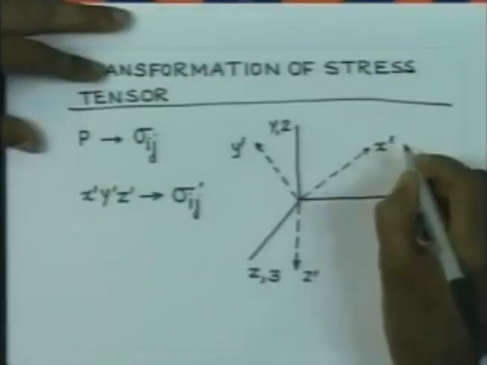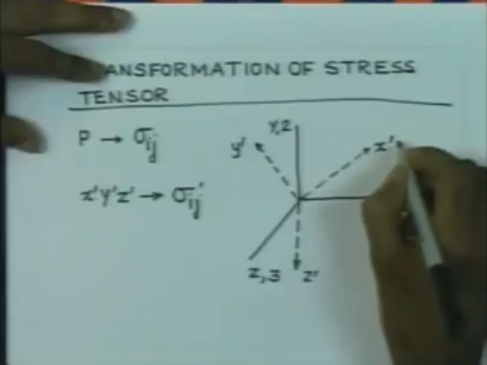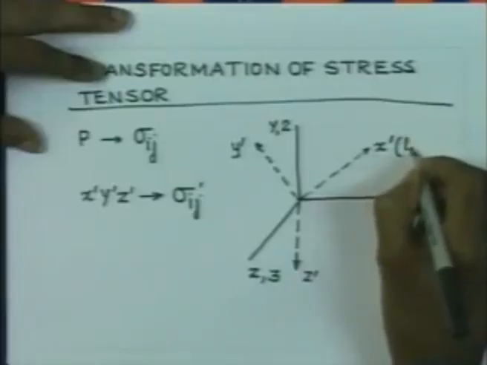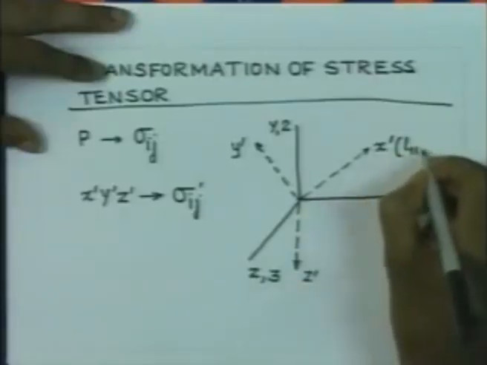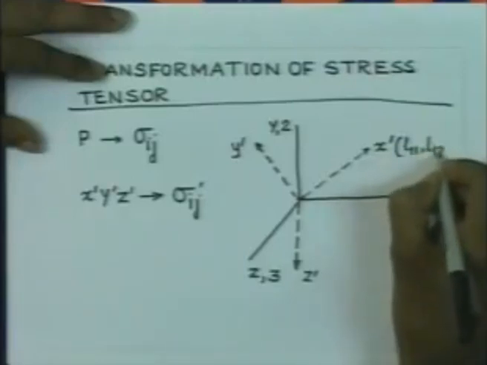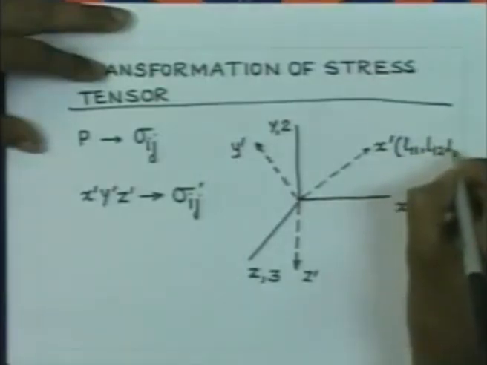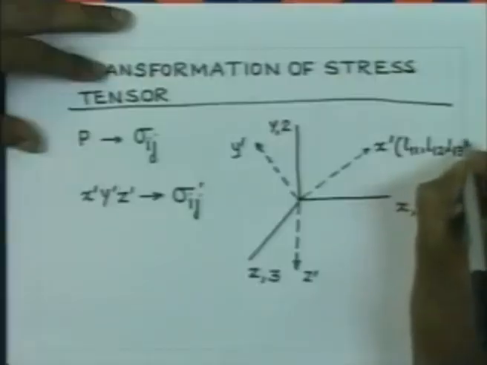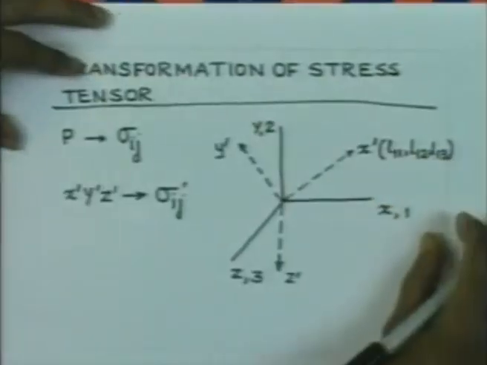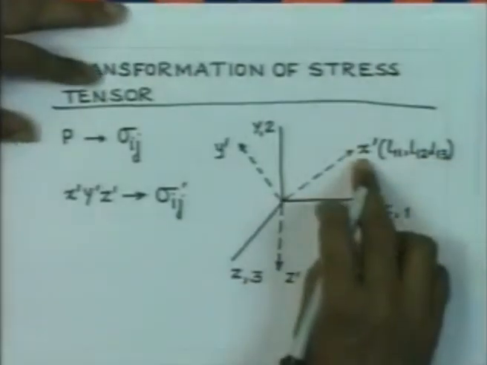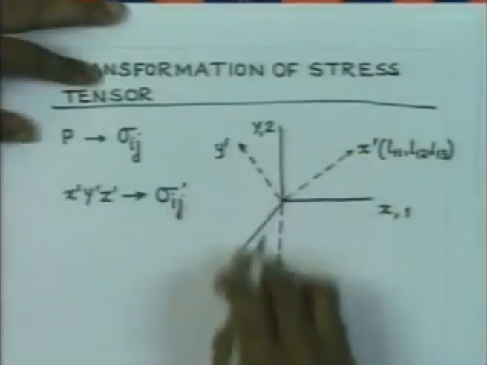Let us write that the direction cosines of the new set of axes, say this x dash, has direction cosines like L11, L12, L13. So, these are the direction cosines of the axis x dash with respect to x, y, z.